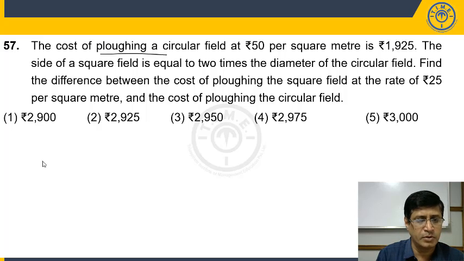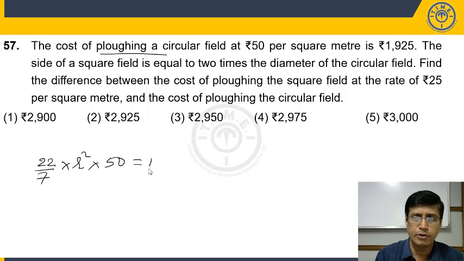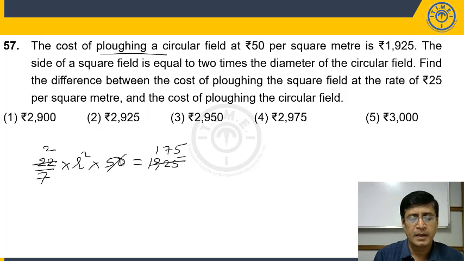Pi r square means 22 by 7 is the approximate value of pi, and per square meter charging 50 rupees, which is equal to 1925. Now 11 goes 2 times in 22, whereas 11 here goes 175 times. Now in 50 and 25 we can cancel 2 times. Here it goes 7 times.